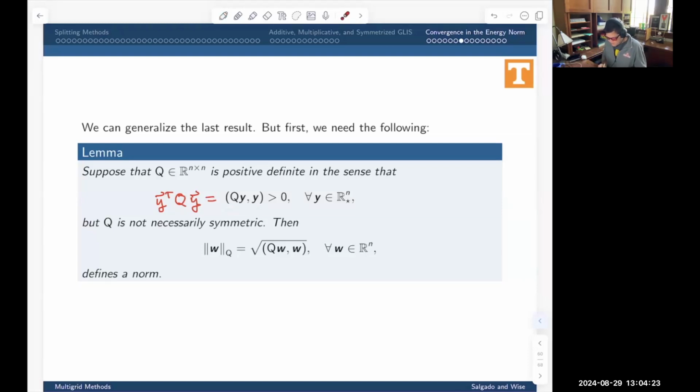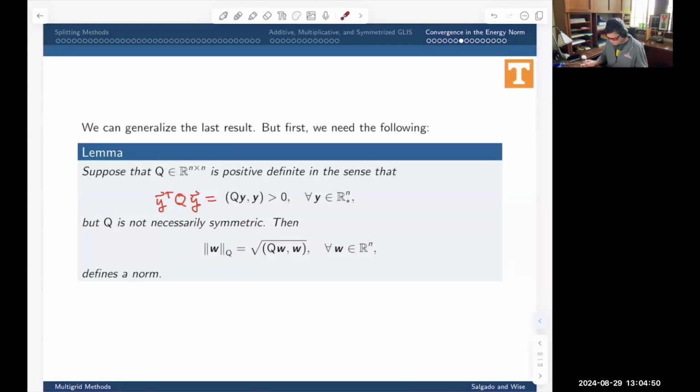If we find that this number is always positive for every y which is not equal to the zero vector, however, Q is not necessarily symmetric. Okay, if that happens, then this is not going to be an inner product because Q is not symmetric. However, this object here is going to define a norm.